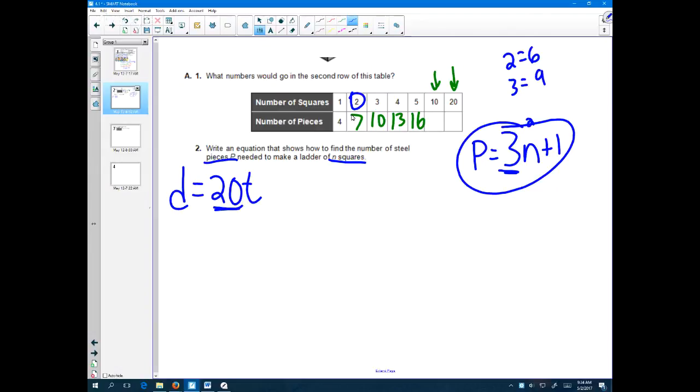Okay, I want you to do this one right now. So write your formula out. P equals 8n plus 4. And I want you to substitute the n for the n. Okay, now below it, you're going to try to figure this one out. So how are you going to rewrite this to get this 10 in there?